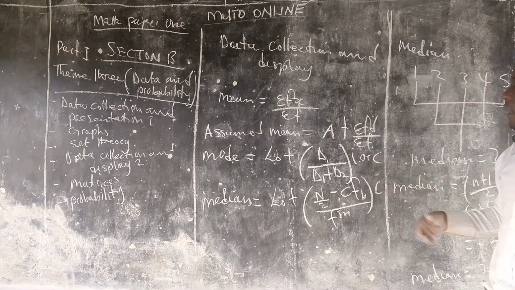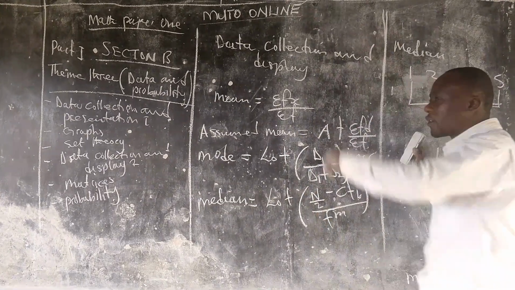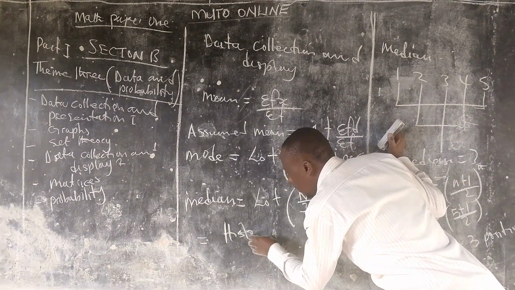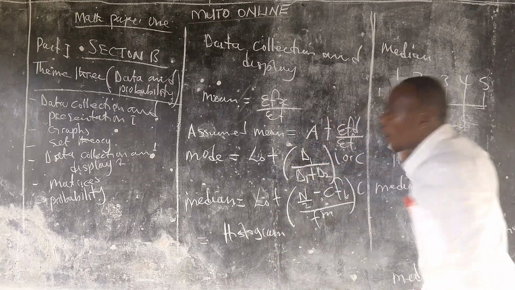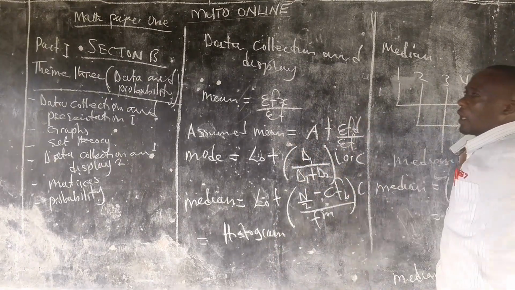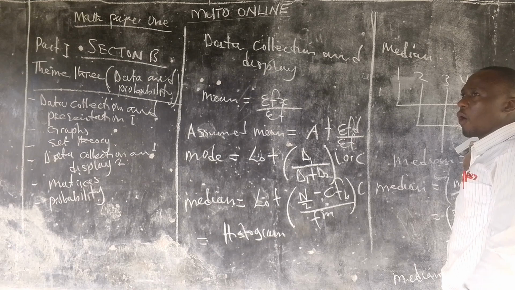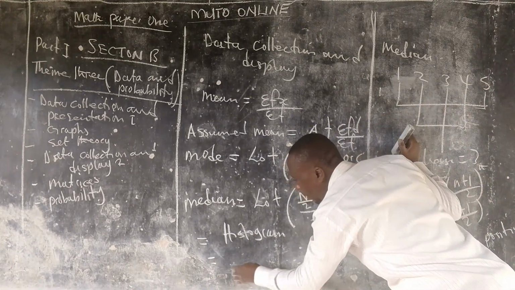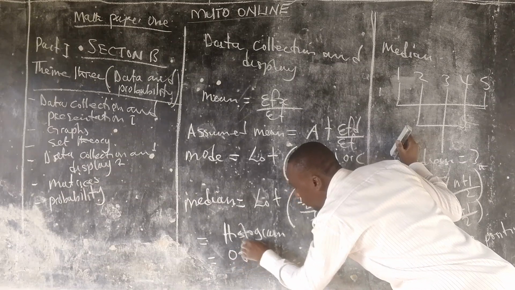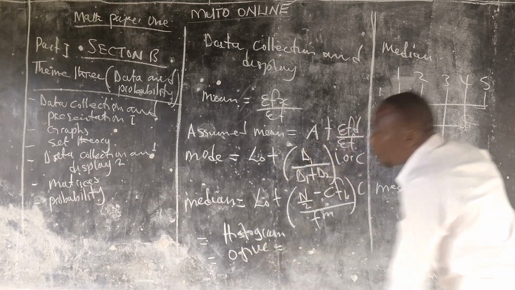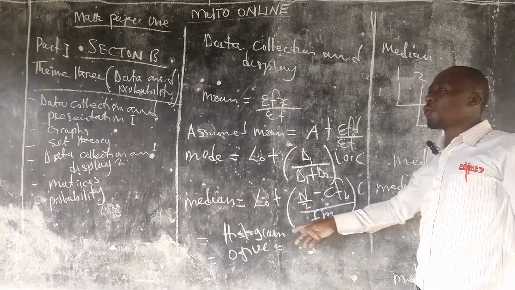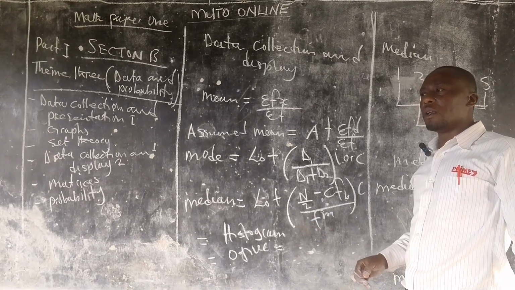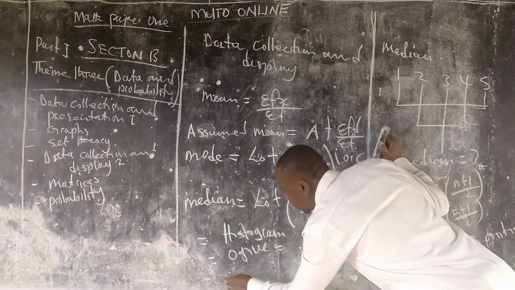So with that, last, as we reach that topic, we shall also look at the histogram, where we plot frequency against the class boundaries. Then we have the ogive. For the ogive, we plot cumulative frequency against the upper class boundaries. And lastly, we have the polygon.